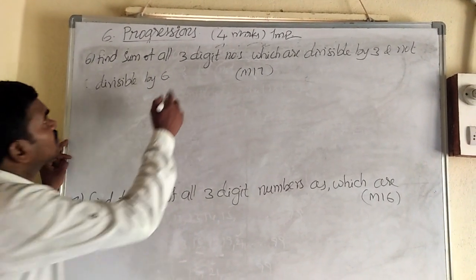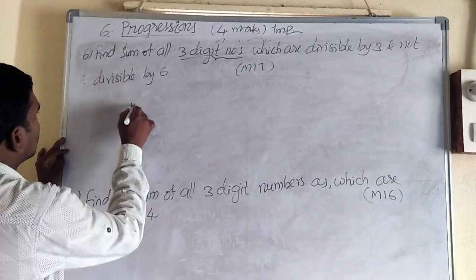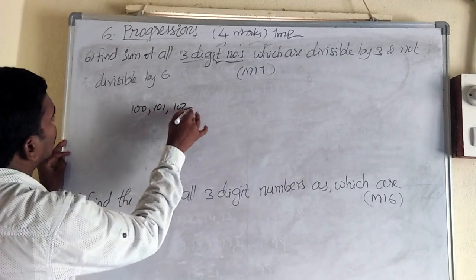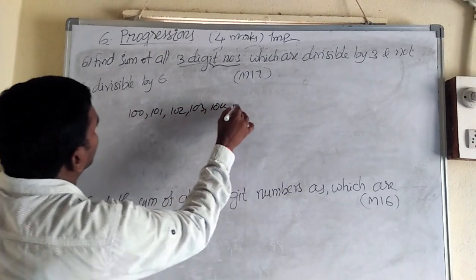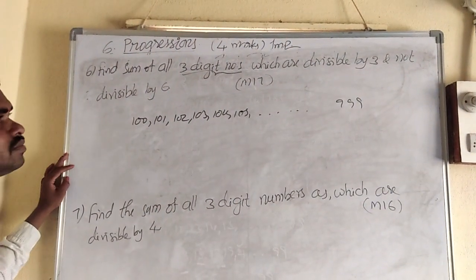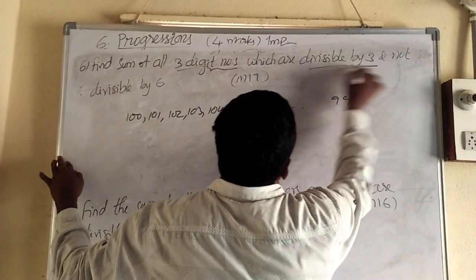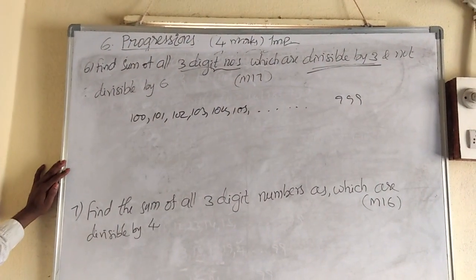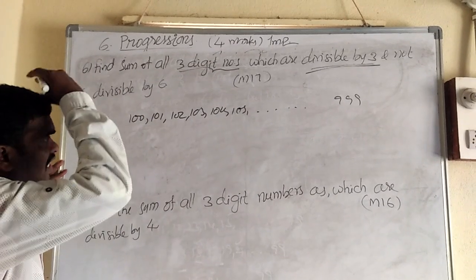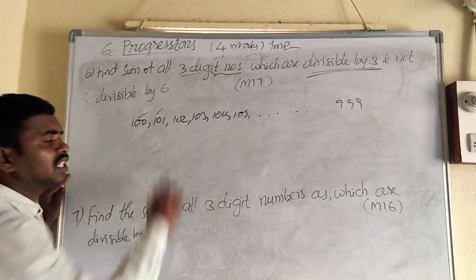Okay. Now here, 3-digit numbers. What are 3-digit numbers? 100, 101, 102, 103, 104, 105, and so on, up to 999, which are divisible by 3. Is 100 divisible by 3? No. Is 101 divisible by 3?